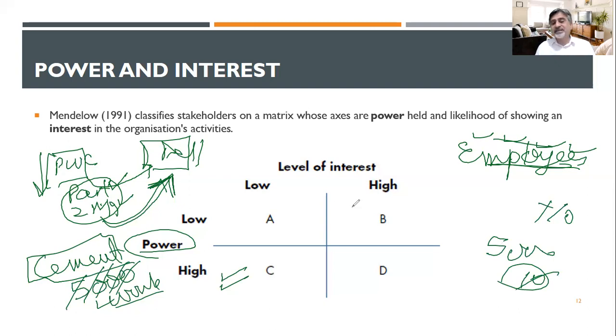So, like I said, if we only speak about the word employee, you need to understand what my business model is, and in my business model, what is the role of employees? Do they exist in this high power area, or in this low power area? Based on that, your treatment will depend. If you are a director in a cement factory, you treat your employees differently.